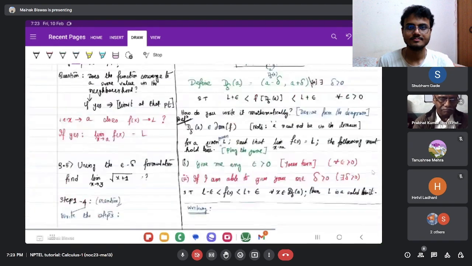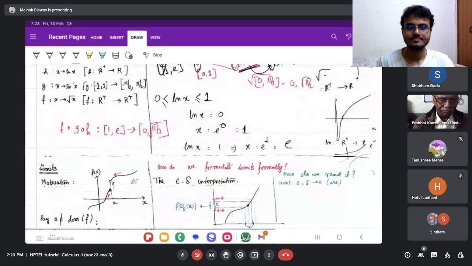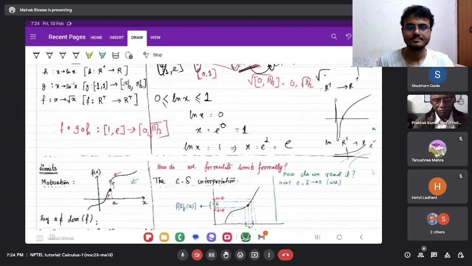But let's say a function is not defined at a point. So what do we do about it? For example, here, does the function approach a particular value in the neighborhood? The limit asks whether a function approaches some value in the neighborhood.